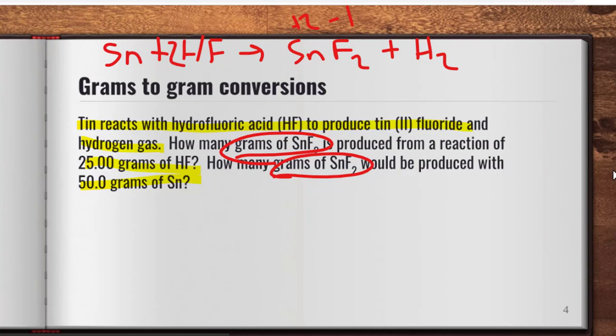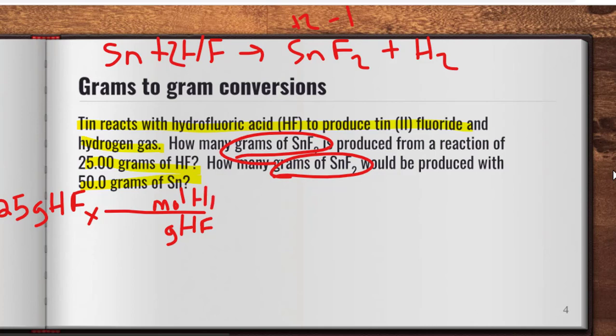All right, so the question asks us how many grams of SnF2 are produced from a reaction with 25 grams of HF. So that's what we're going to start with. So we are going to start our stoichiometry with 25 grams of HF. Whatever units are on top of the previous step must go on the bottom of the next. And the only thing we can knowingly convert grams into, again, is moles.